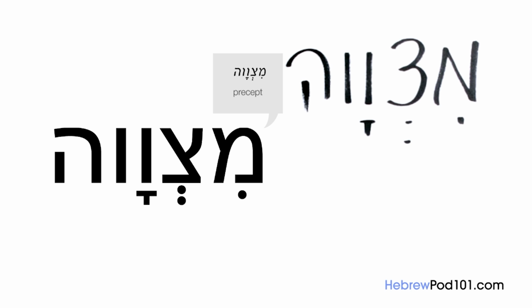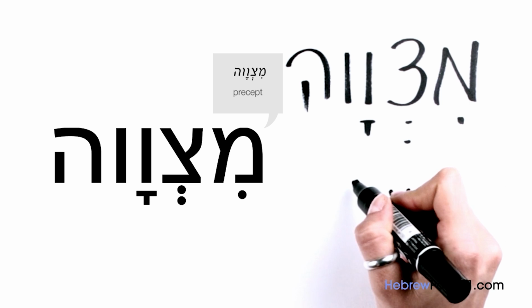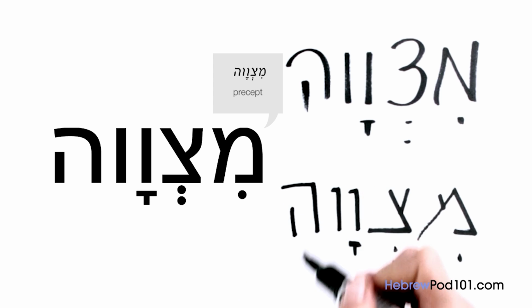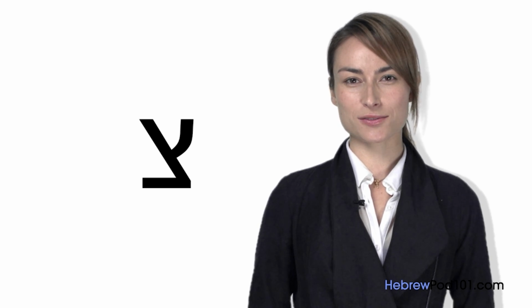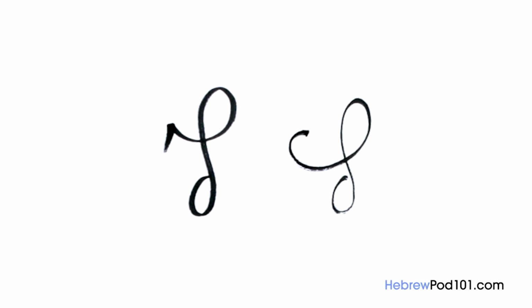And in print, tzaddik also looks different when written at the end of the word, and it looks like this. Tzaddik sofit. It looks almost like pei sofit, but be careful not to confuse them.